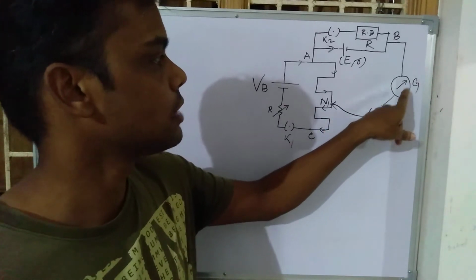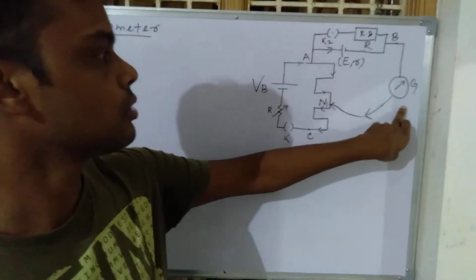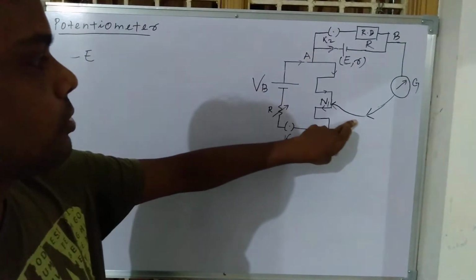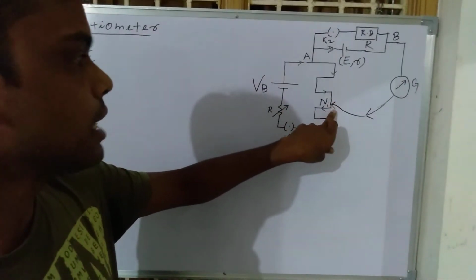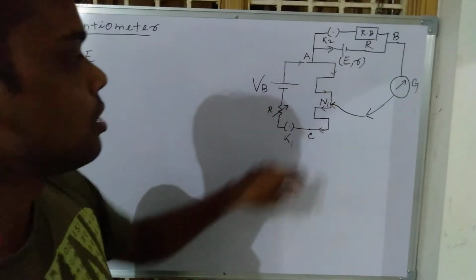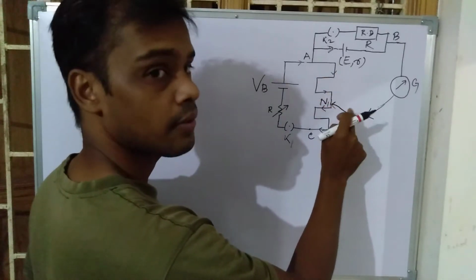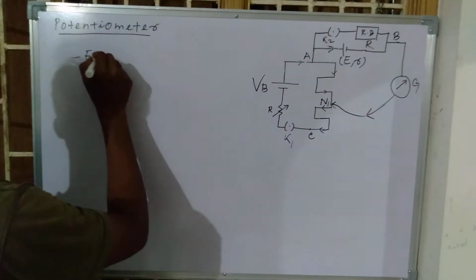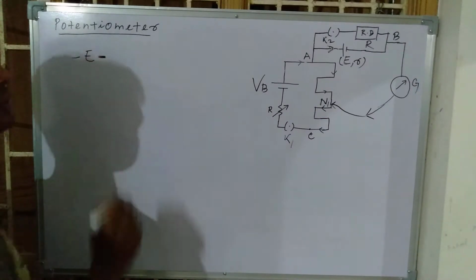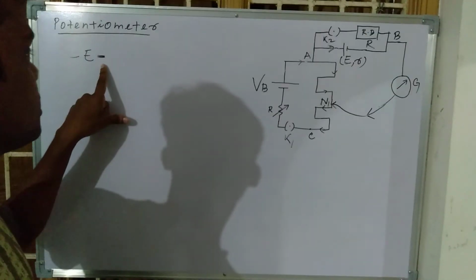G is the galvanometer, which has zero resistance, so it will not drop anything. Now current flows like this to point N1. From point N1 our loop completes here, but the existing current is opposing our current. If it is opposing, it will be minus. If it is not opposing, then plus. It is opposing, that's why minus.